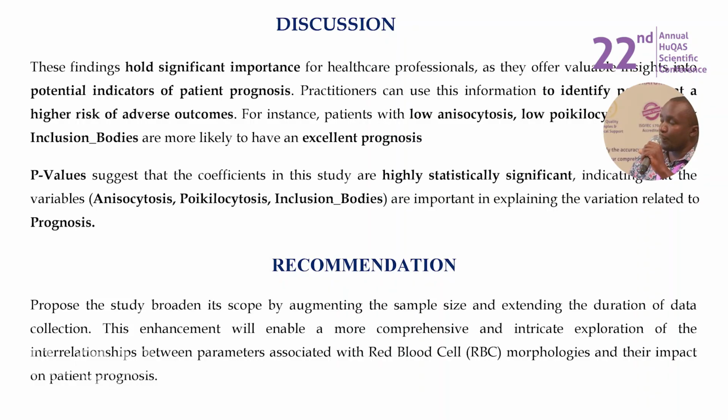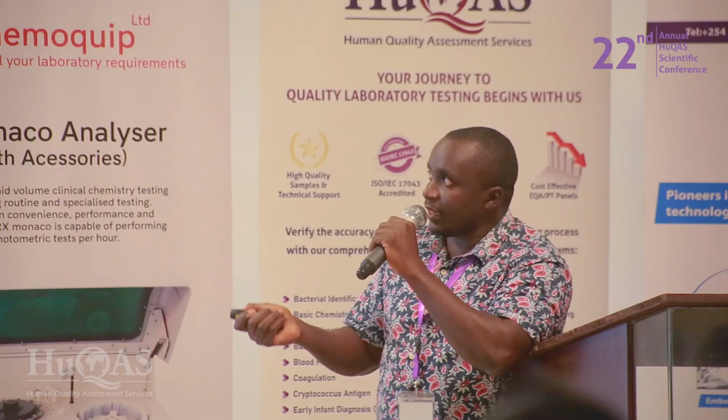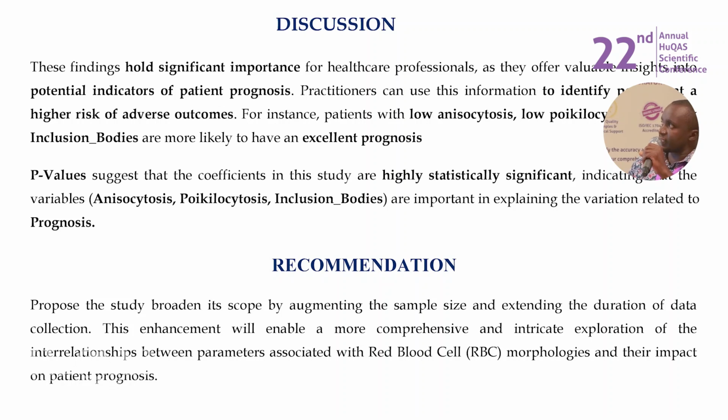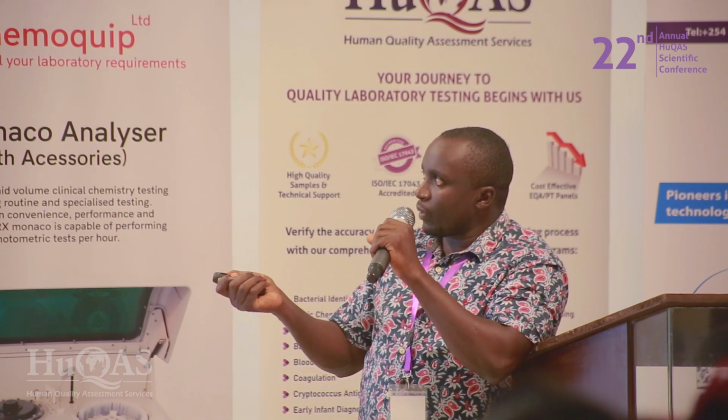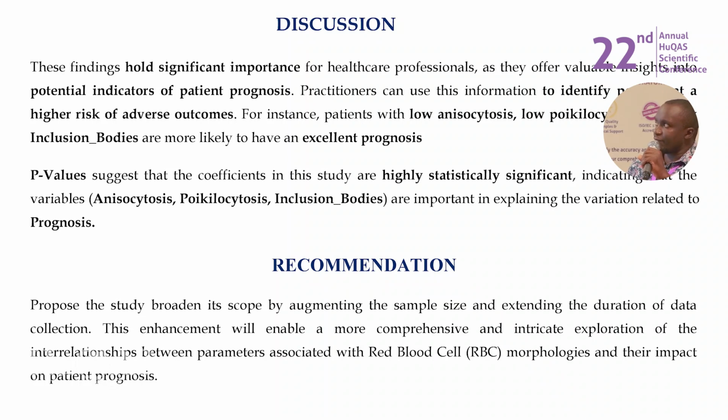Now the discussion: you can see the significance and importance of assessing these parameters for patient prognosis. For instance, you can say that when the patient has low anisocytosis, low poikilocytosis, and low inclusion bodies, he or she will definitely have an excellent prognosis.